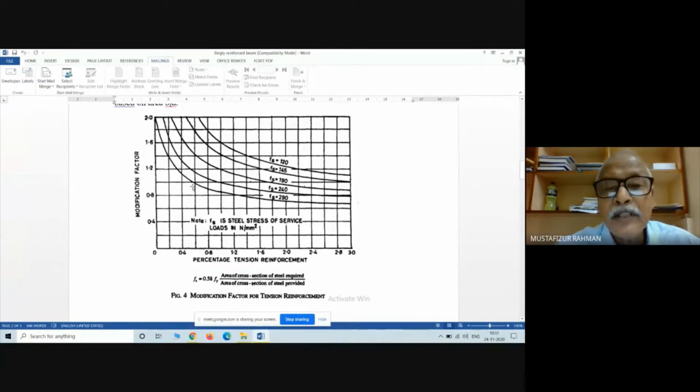Now here there are 5 curves for Fs: one is 120, one is 145, one is 190, one is 240, and one is 280. So our value is 150. That means it is in between 145 and 190. Now how will we proceed? So see this curve, you proceed and approximately locate.